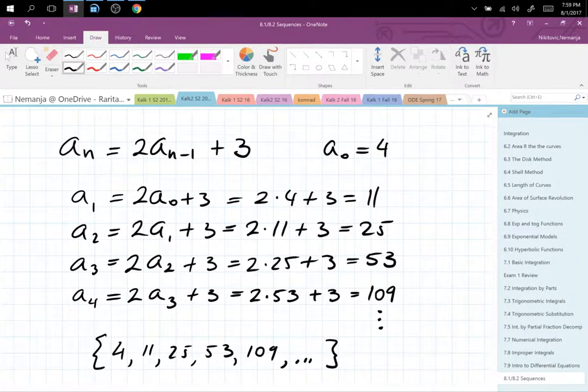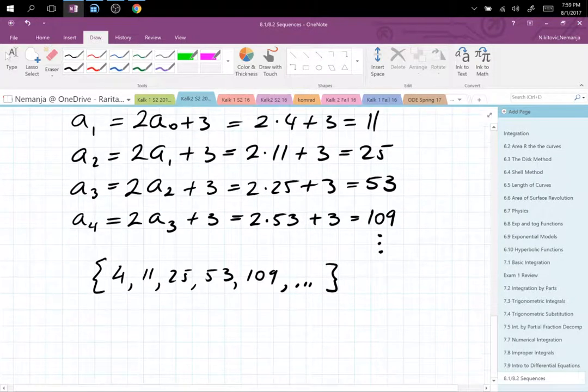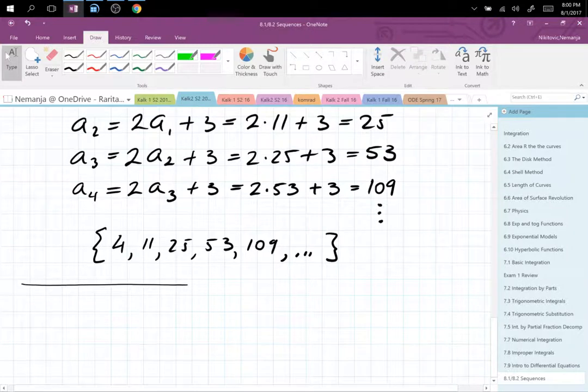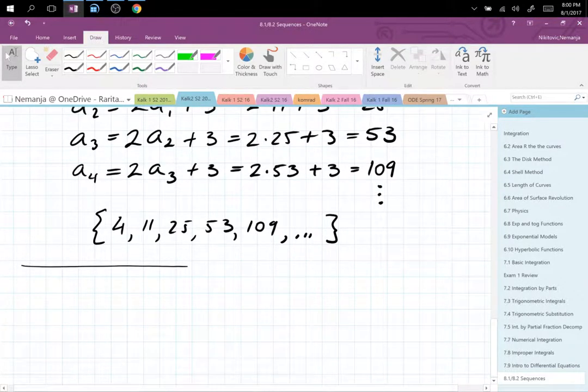Recurrence relations can use more than one input. So you might be familiar with the Fibonacci sequence. Fibonacci sequence is the sequence that has a recursion with 2 terms, the first 2 inputs.